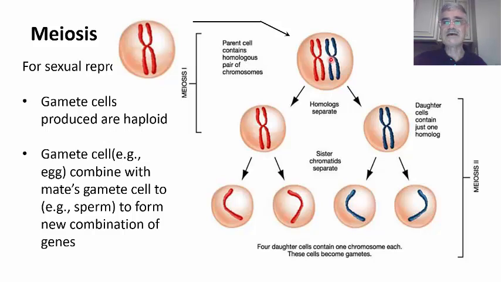So that's the first step. And then this cell will divide so that one pair of chromosomes becomes one daughter cell and another becomes another daughter cell. So this is like mitosis so far.